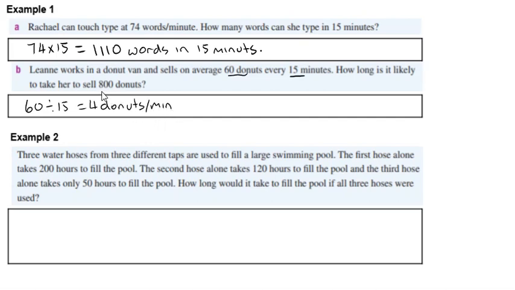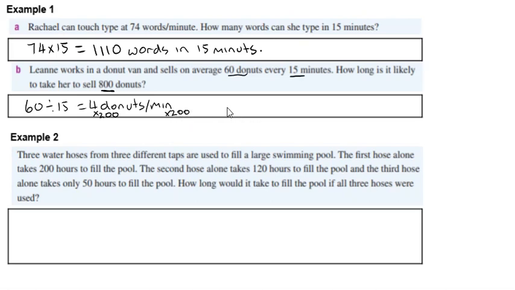Now, if we need for her to sell 800 donuts, how long will that take? Well, very simply, 4 goes into 800, 200 times. Okay, so if we do 200 times the 4 donuts, we really need to do 200 times the 1 minute as well.